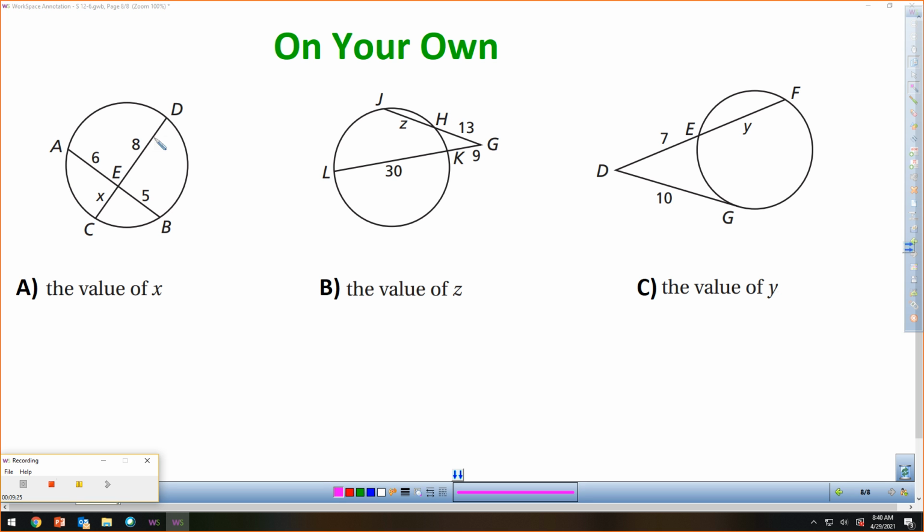Which one am I going to do? So what are the lines in here? Well, look at the examples. Which example am I going to match it to? I'm going to do it with these chords. How am I going to set up my equation?